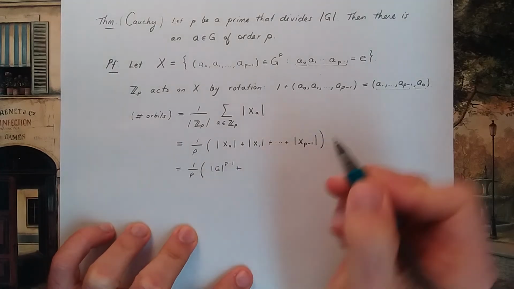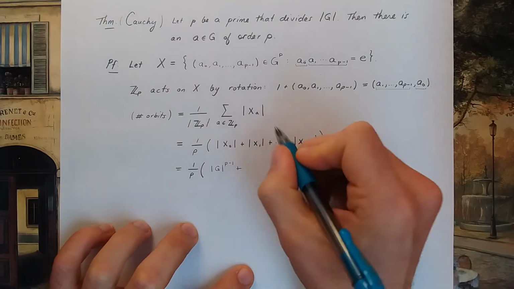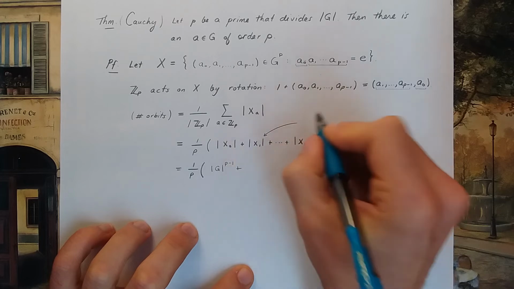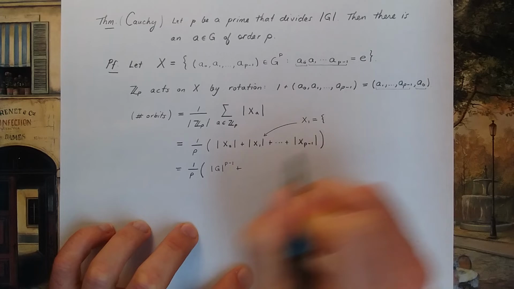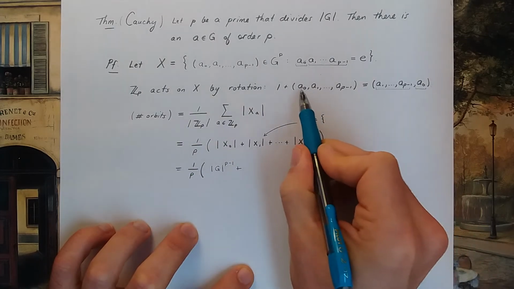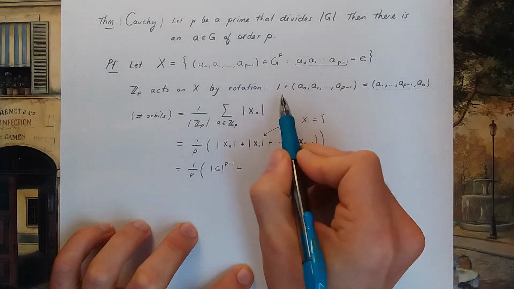Now, the fixed point sets, what's X1? So X1 contains all tuples that are the same after I rotate.